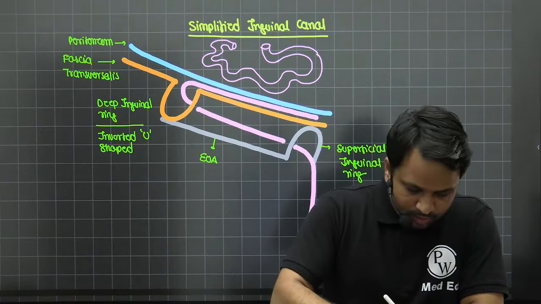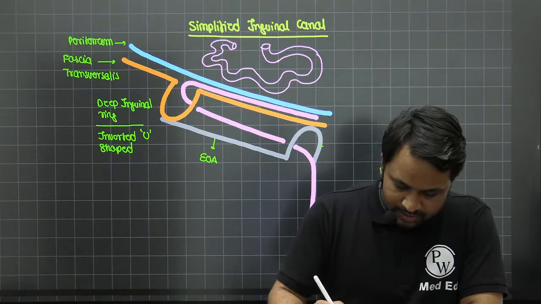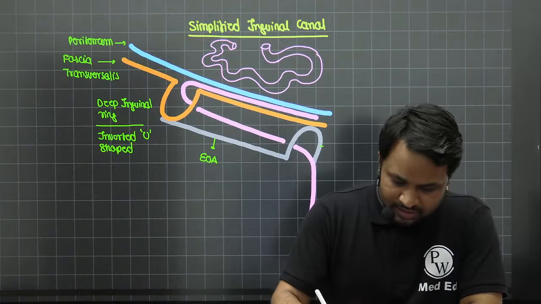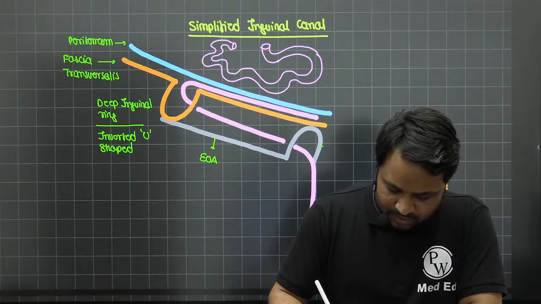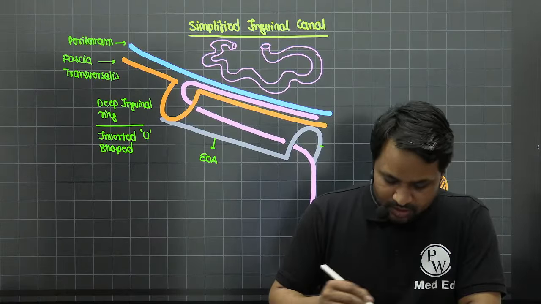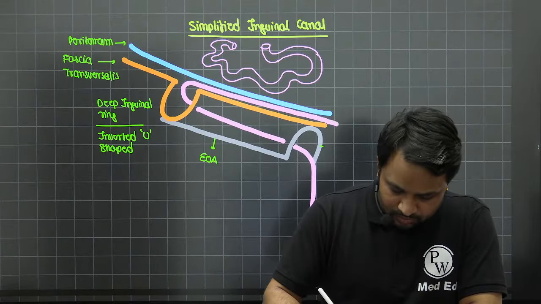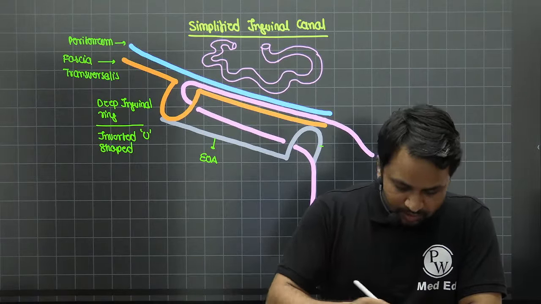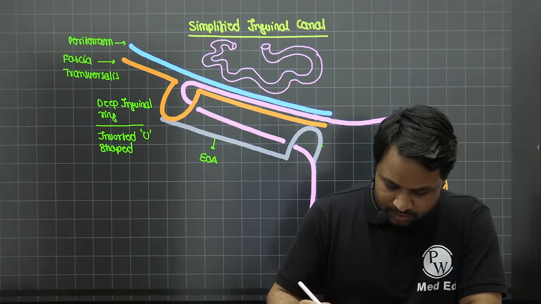Now this prostate gland will have a seminal vesicle. So I'm just going to erase the superficial inguinal ring. ये थोड़ा disturb कर रहा है. So let's say there's a seminal vesicle which is present here. This is the seminal duct. So what is going to happen? The vas deferens is going to come and enter behind the bladder.